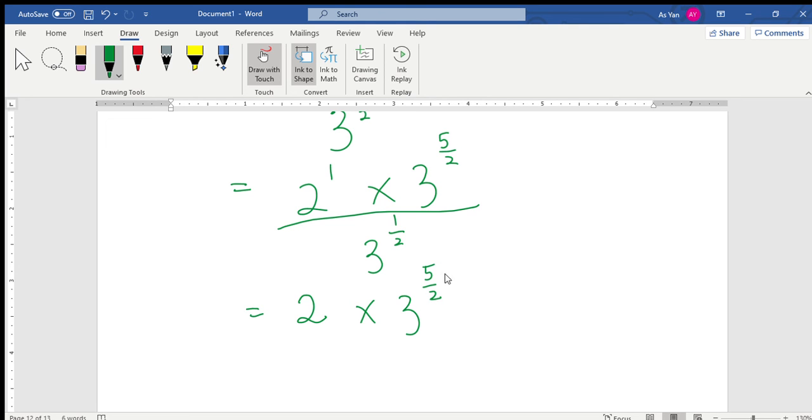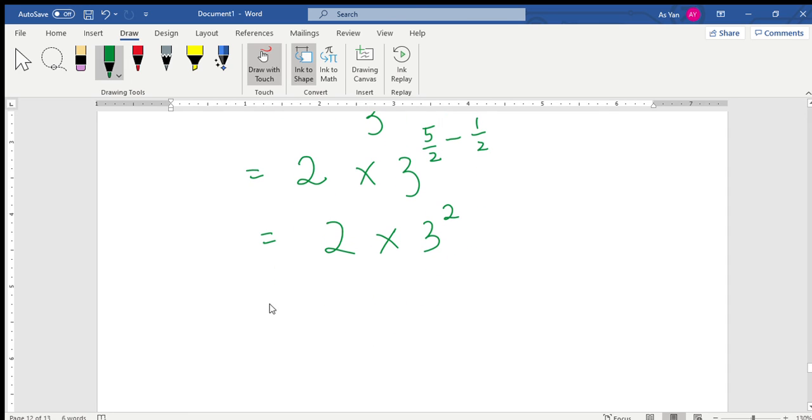Divide means minus, so minus 1 over 2. Equals 2 times 3 to the power of 5 minus 1 is 4 over 2, which is 2. So the final answer is 2 times 9, 18.